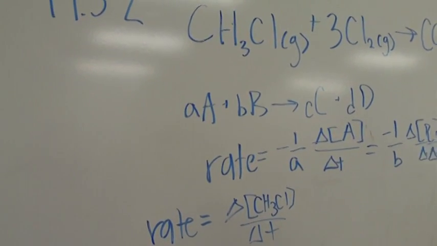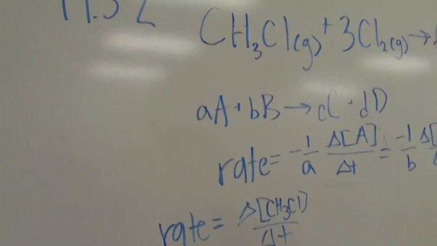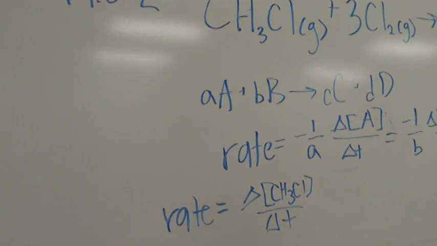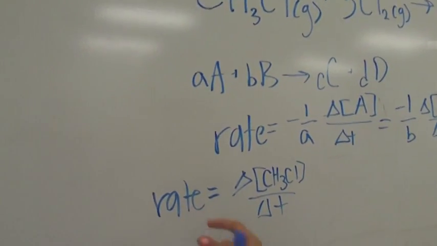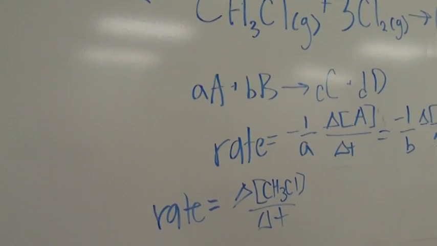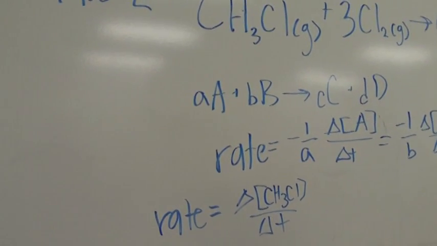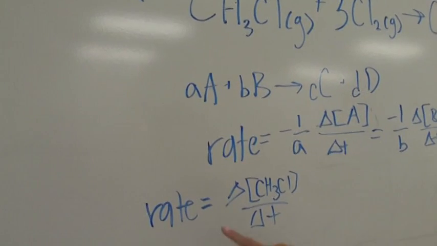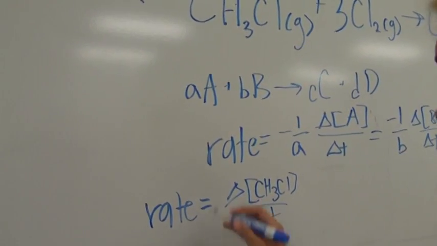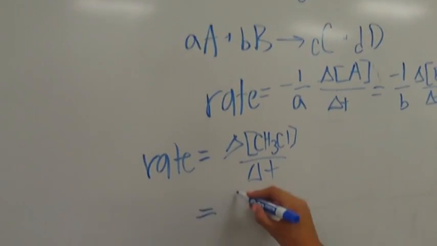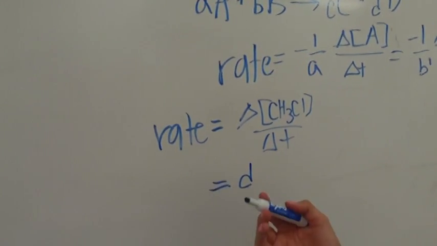So at an instant, as opposed to between 2 moments in time. If you're looking at the rate as the change approaches 0, that's the instantaneous rate. So when you're doing stuff like that in calculus, you write it as d, so it's taking the derivative.